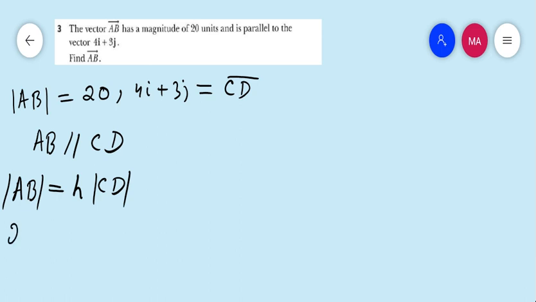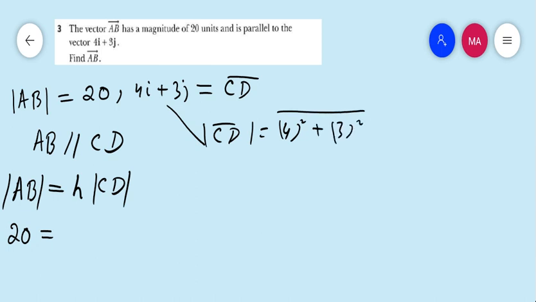AB magnitude is given as 20, and CD magnitude we can find here: the square root of 4 squared plus 3 squared. 4 squared is 16, 3 squared is 9, 16 plus 9 is 25, and the root of 25 is 5. So CD magnitude is 5.